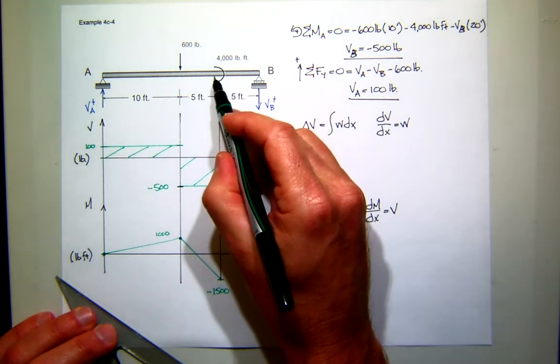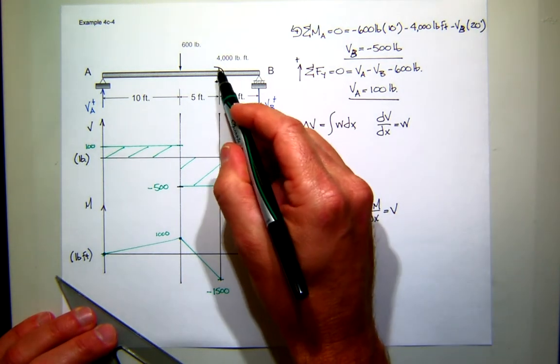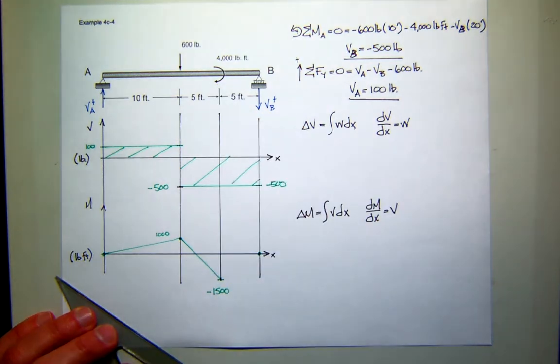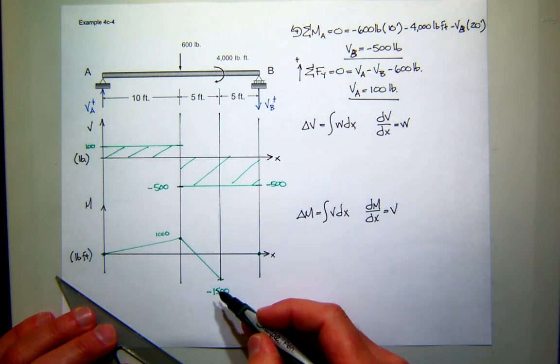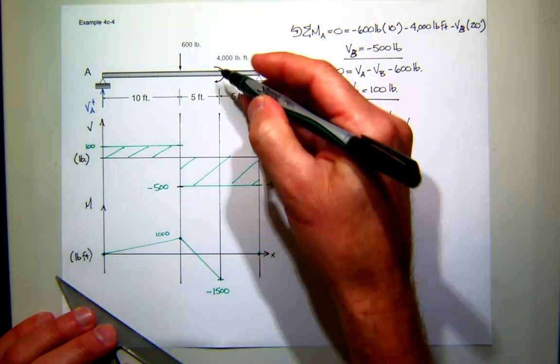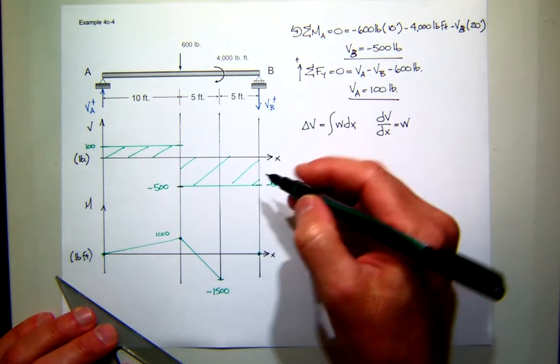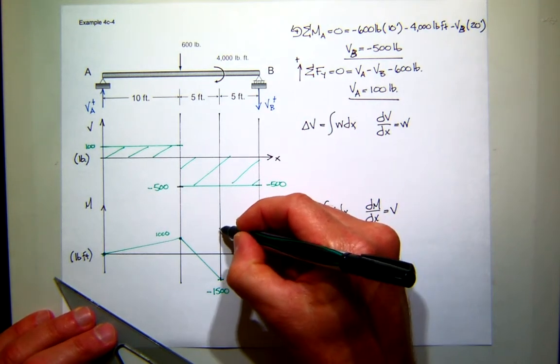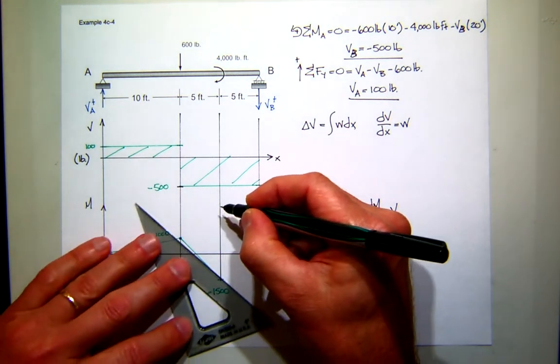Now, as I go from the left side to the right side here, I have this clockwise value for 4,000, which should make a positive jump. So, negative 1,500 plus 4,000 brings me to 2,500.